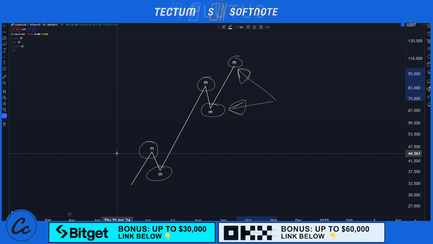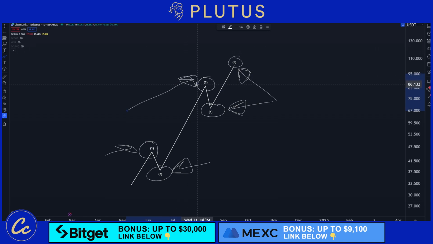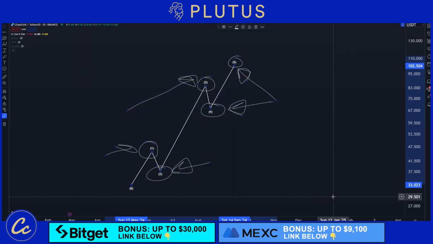Institutions sell the top of wave 3 and retail buy the bottom of wave 4, and then they sell the wave 5 when they realize it really hasn't got much more to it. Okay, so that's the psychology of the 5-wave trend-based pattern for Elliott wave theory.